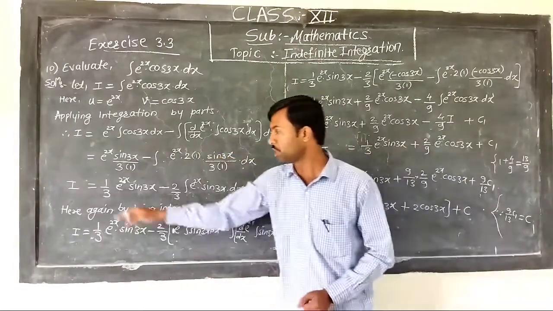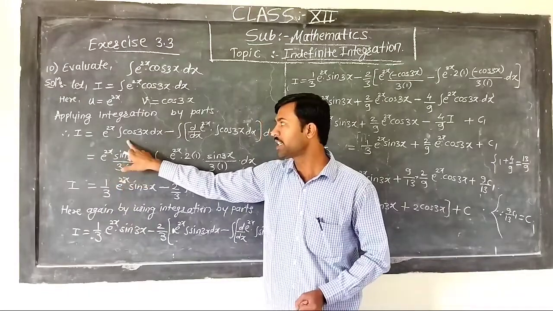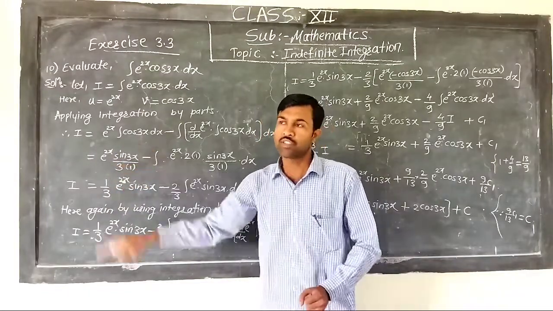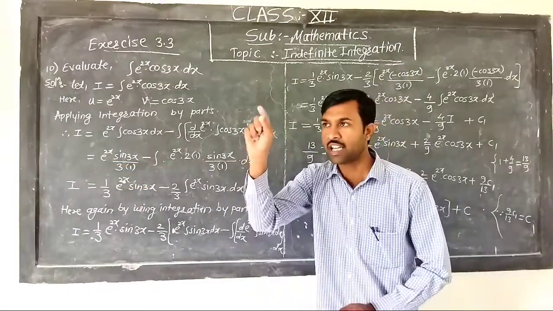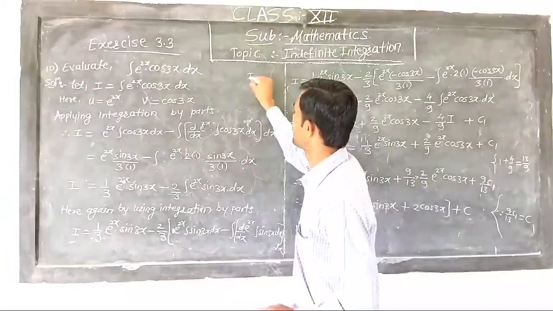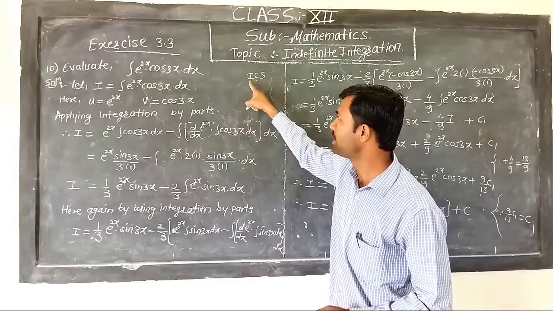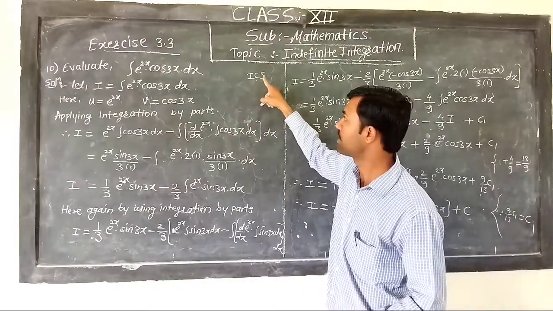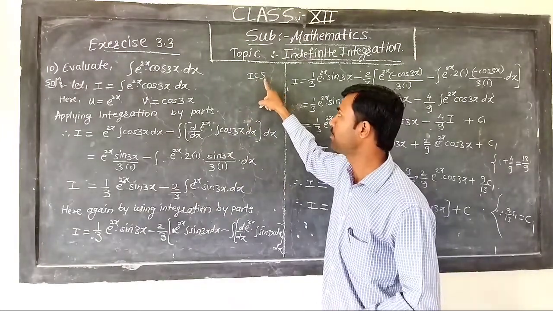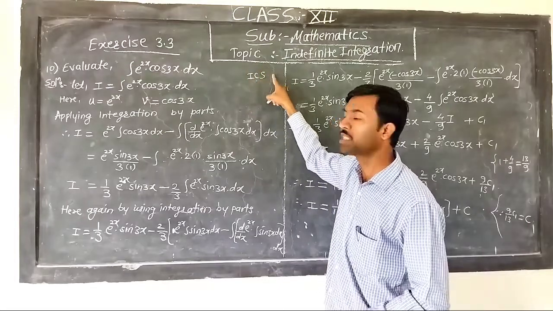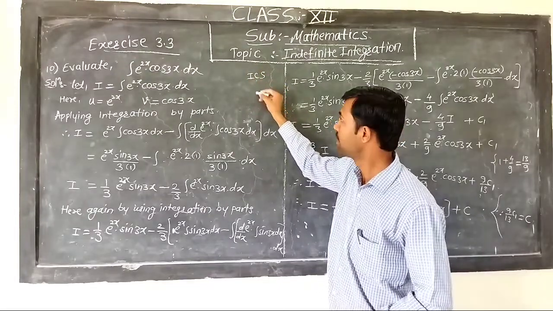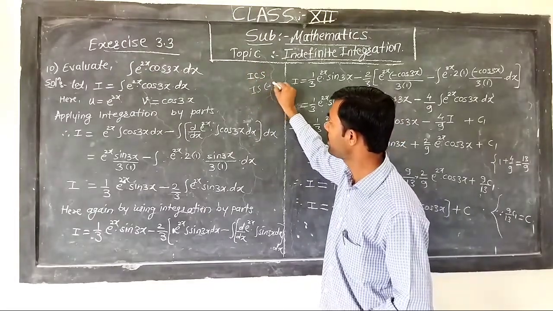Now after solving this, e raised to 2x into integration of cos, there is a rule for integration of cos, that is ICS. If the sequence remains same, that is integration of cos, then our answer will be plus sign. But if the sequence is not in this proportion, then integration of sine will be minus cos.